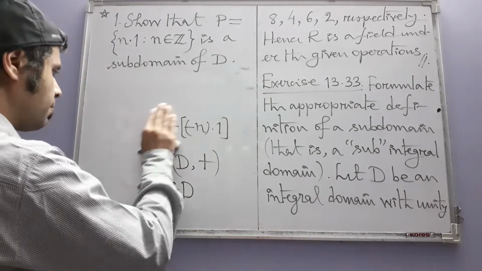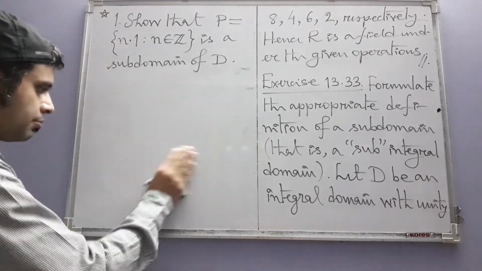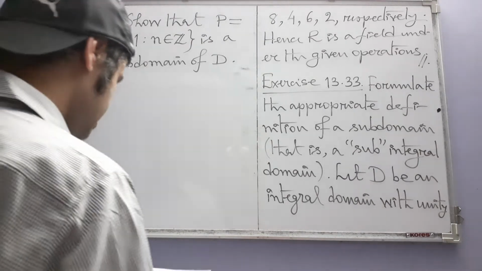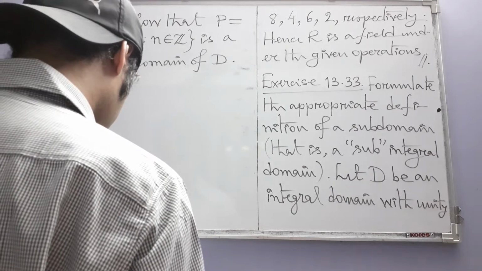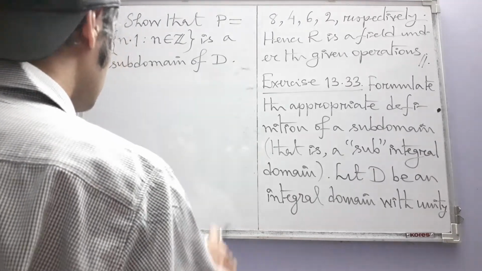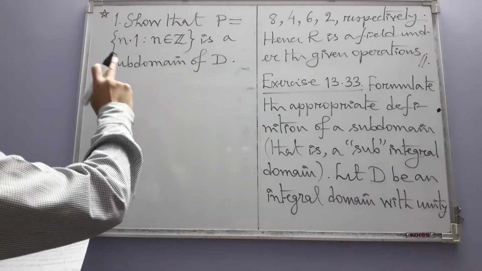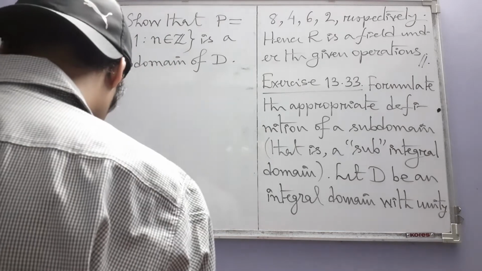Okay, now, let us continue. Let's first finish writing the exercise statement. We have to prove that this P is a subdomain of D. Oh, here within brackets something else is also written, that is all integral multiples of 1, that is understood, no need to write that separately.